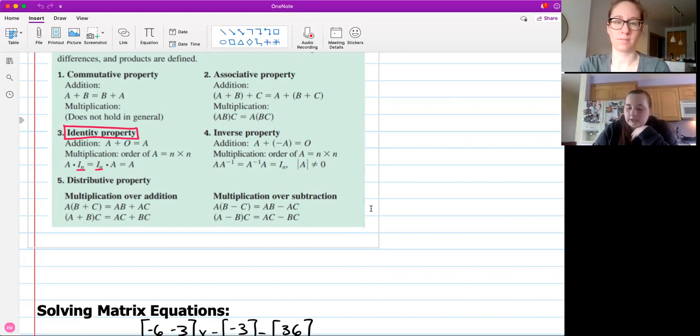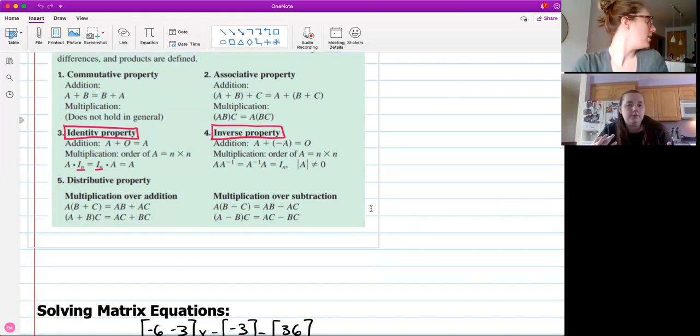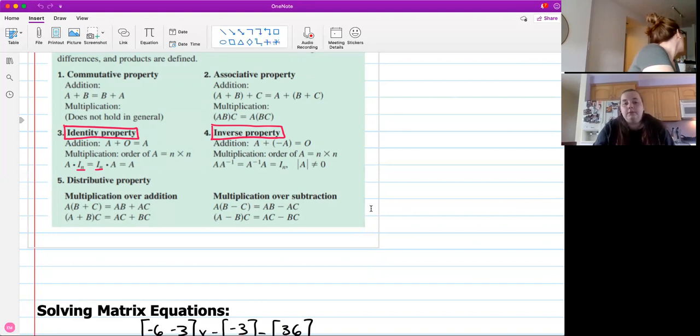The other important property is the inverse property. This is how we're going to cancel out matrices and move them to other sides. For addition, A plus negative A is equal to 0. It's the same as when solving regular equations: if you have a positive 3 and you're trying to move it to the other side, you would subtract 3.